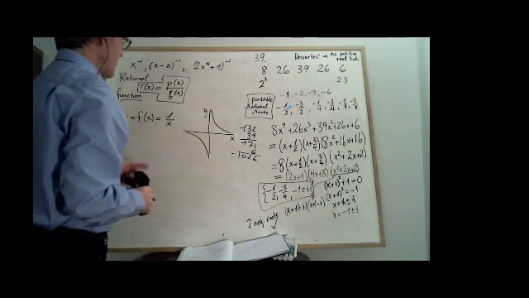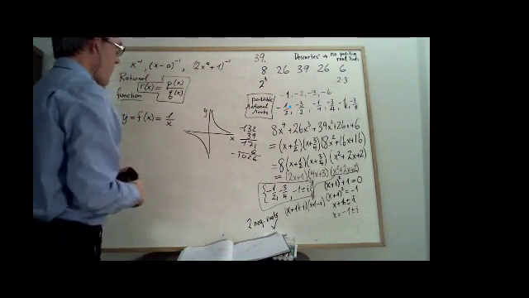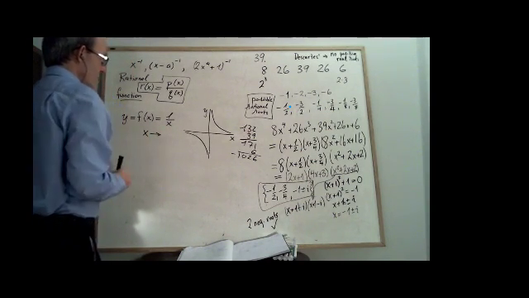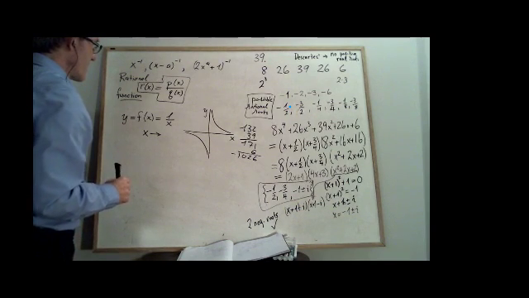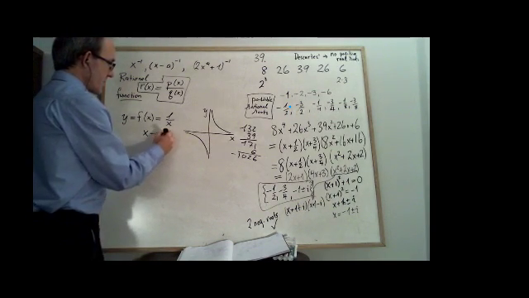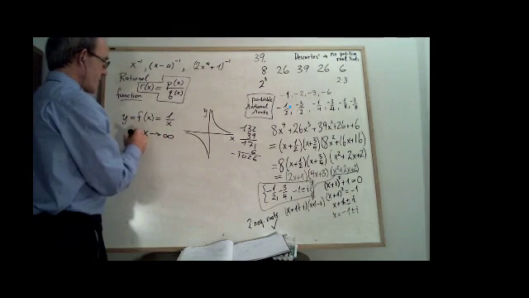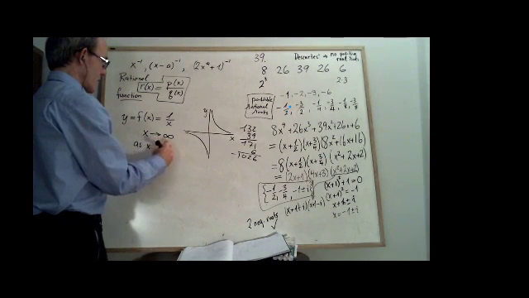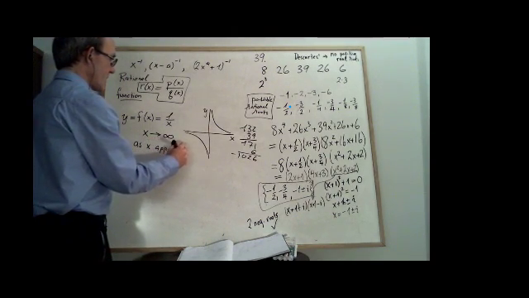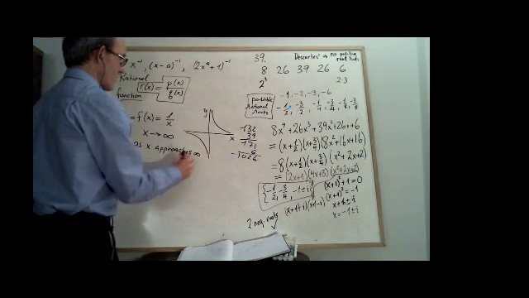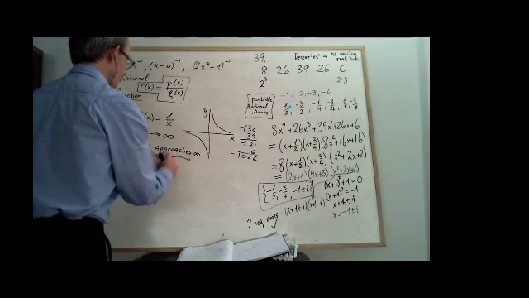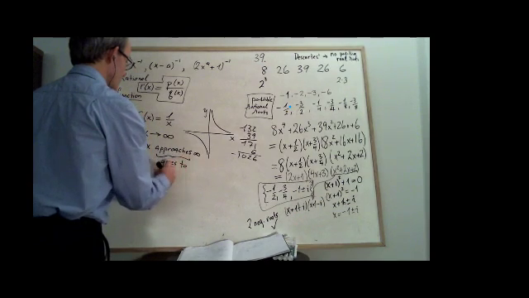Okay, so as x goes to infinity, I'll use this arrow notation. Now the way that we read this, as x goes to infinity, or as x approaches infinity, or as I said before, it goes to or tends to.